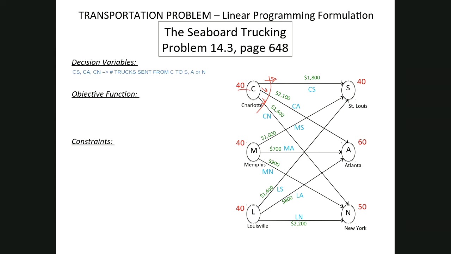So CS, CA, CN is the number of trucks sent from C to either S, A, or N.